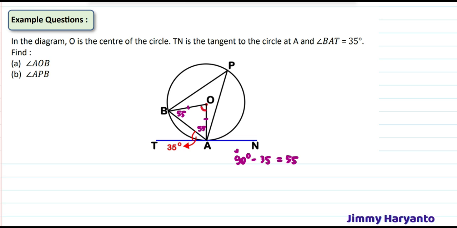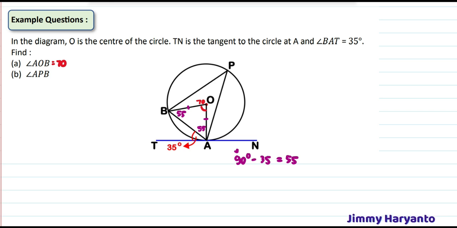We can find this one by using the triangle. So the triangle equals to 180, so that one will be 180 minus 55 minus 55 equals to 70. So that one is 70, guys. Next, we already have the AOB 70, and then APB.